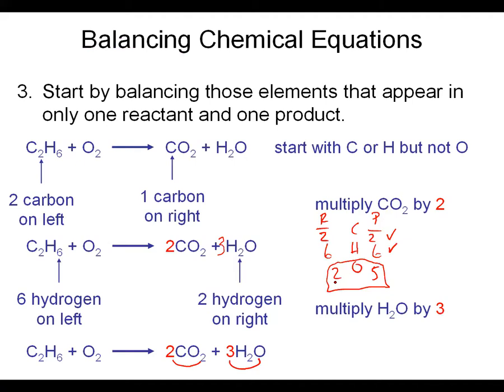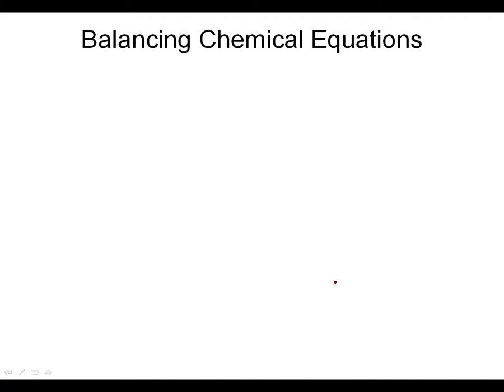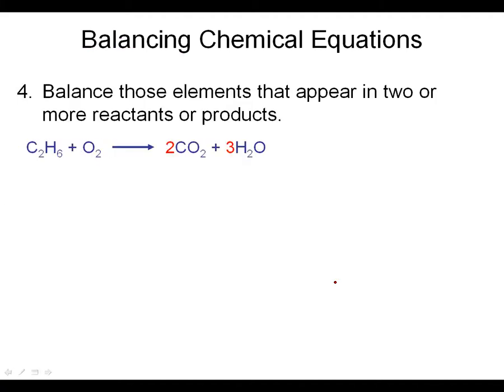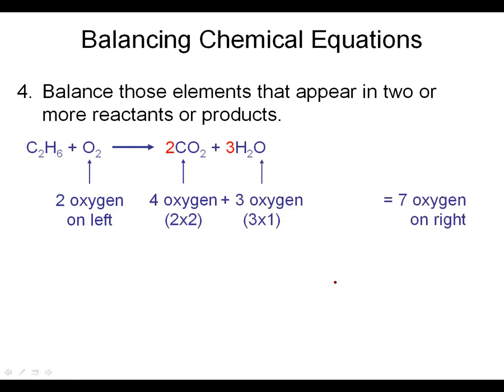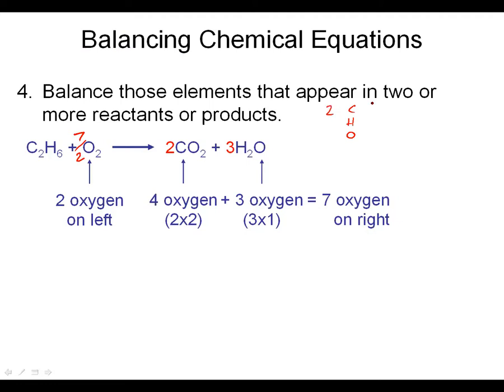To help us with that, there is a way that we could do that. We need to use a fraction. So you can use a fraction, something like 7 over 2. And what that would give you if you added everything up in terms of carbon, hydrogen, and oxygen, you would have 2 carbons on the left. You would also have 2 on the right.